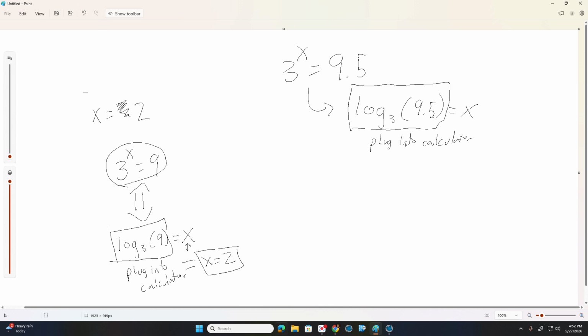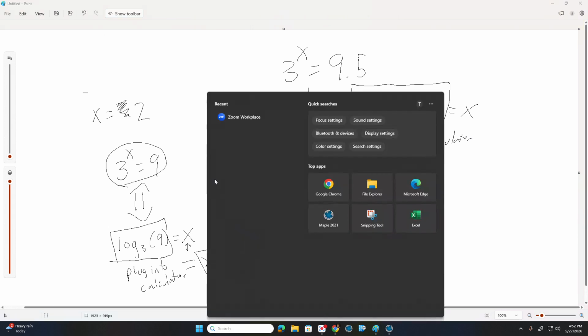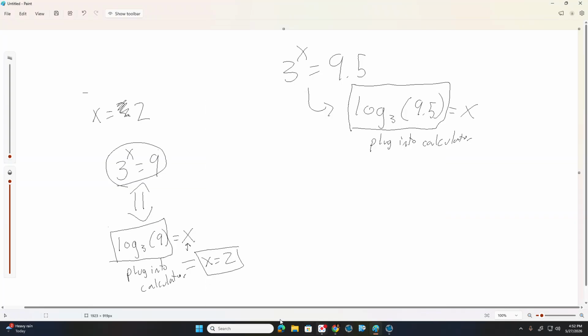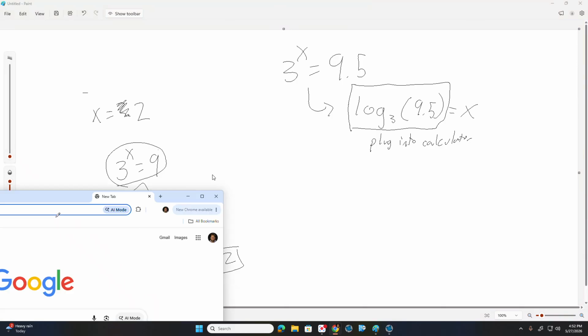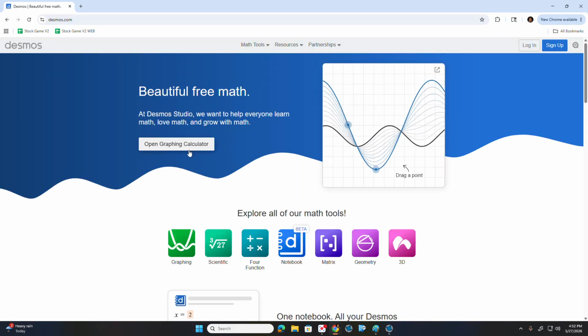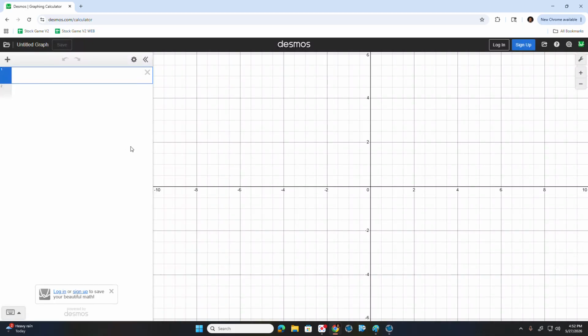In fact, let's go ahead and do that right now. Oh, sorry, I was searching for a TI-84, but I realize I'm going to have to just go back to Desmos. Please feel free to use your TI-84s, and if you have questions about them specifically, I'd love for you to reach out to me. If we type in the log base 3 of 9, we get the answer 2. And what is the log base 3 of 9.5?